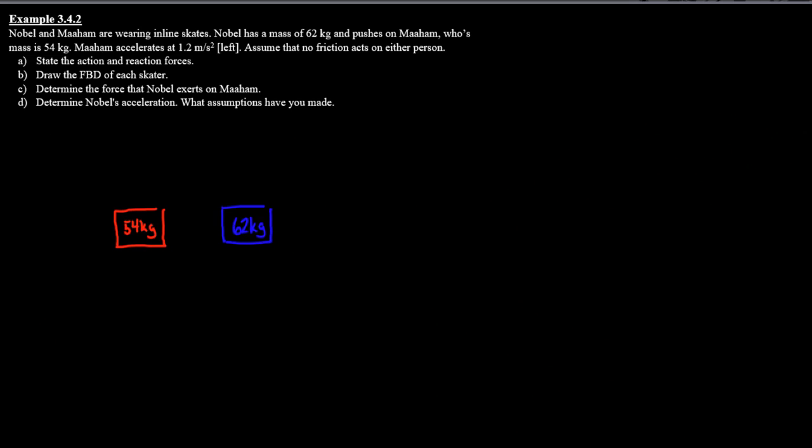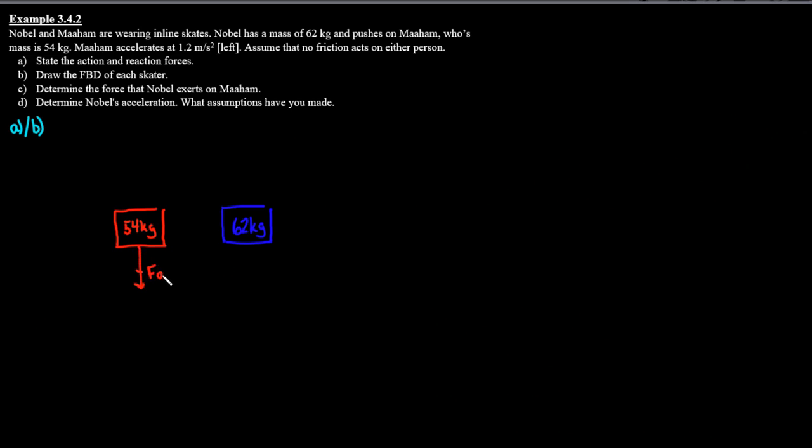Okay, so again, I'm going to do A and B all in one here. We're going to do the free body diagram as well as state the action-reaction forces present. Okay, so with both objects, again, we know that there's going to be a force of gravity that's pulling them down towards the Earth.